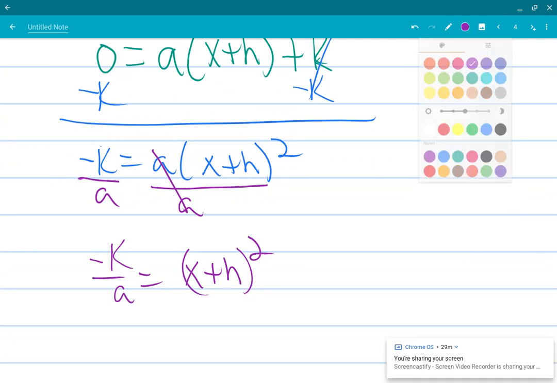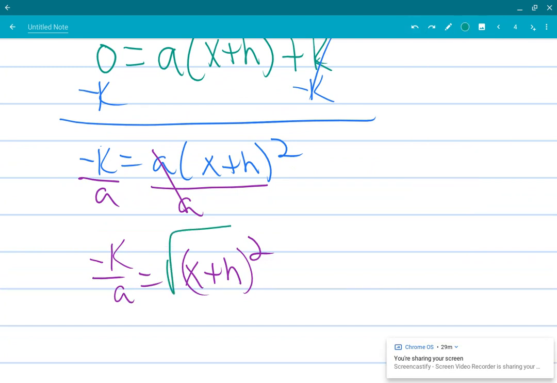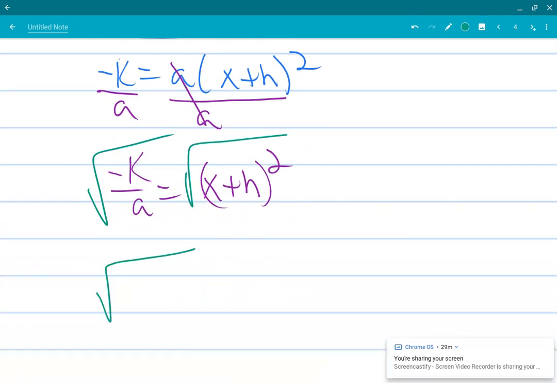Now I need to get rid of the square, so I'm going to square root it. That's going to get rid of that. Then I'm going to have the square root of negative k over a equals x plus h. And I need to get rid of the h by subtracting h.